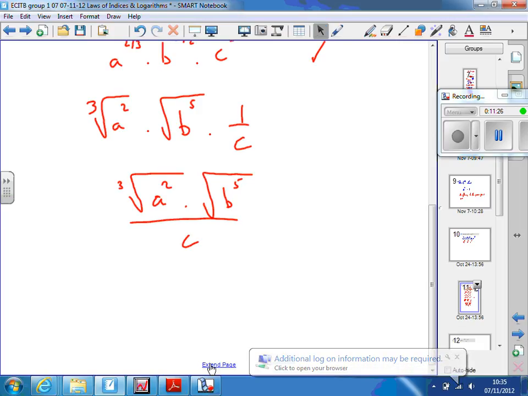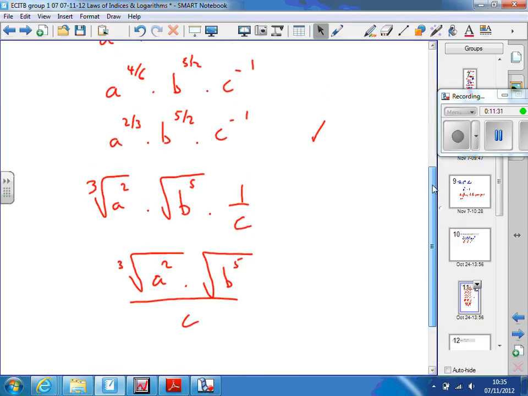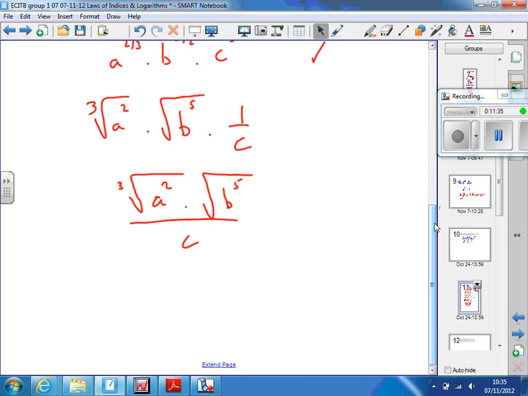Now, the relevance of this to engineering is that you'll see things written like this, maybe, in this form.